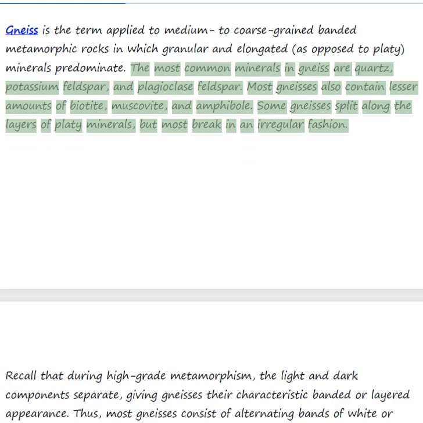The most common minerals in gneiss are quartz, potassium feldspar, and plagioclase feldspar. Most gneisses also contain lesser amounts of biotite, muscovite, and amphibole. Some gneisses split along the layers of platy minerals, but most break in an irregular fashion.